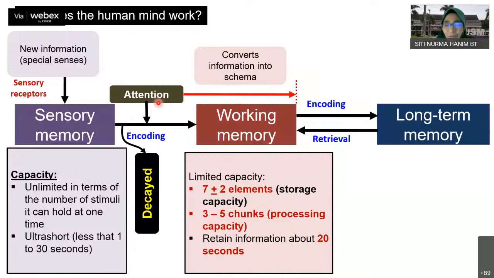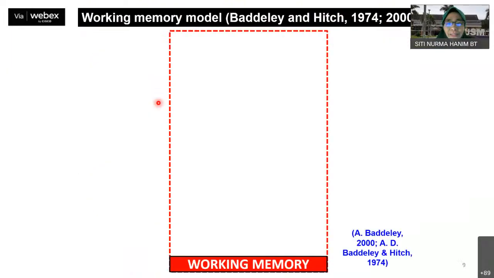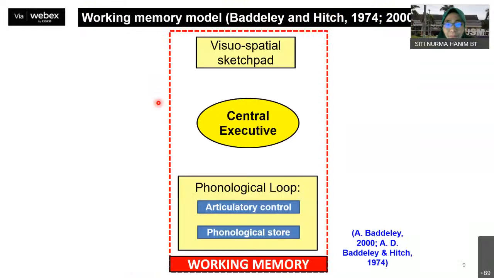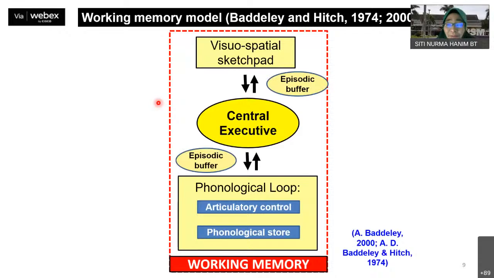The second one just now, in terms of working memory. Basically, working memory has two centers: the visual spatial sketchpad and the phonological loop. The visual spatial sketchpad processes visual and spatial input, whereas the phonological loop processes auditory input.